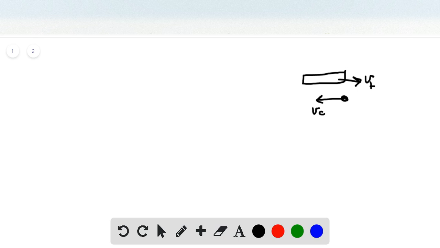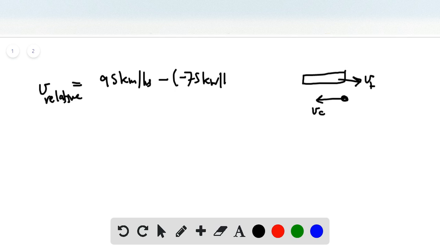Well, again, the relative speed, V relative, in this case, if you're at the train, you'll see the car going super fast. It's going 95 kilometers per hour minus the minus 75 kilometers per hour, which is equal to 170 kilometers per hour.